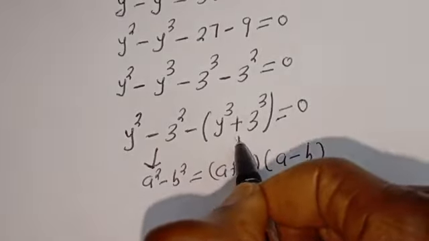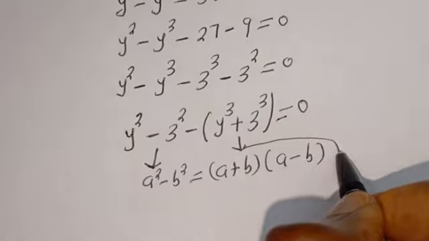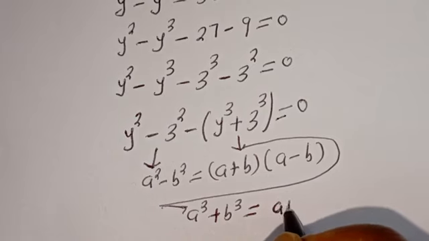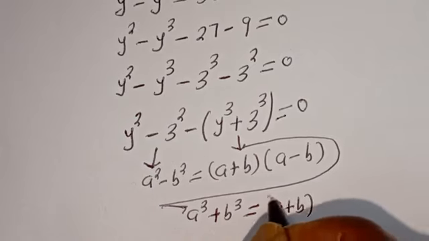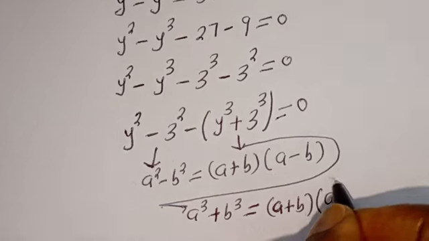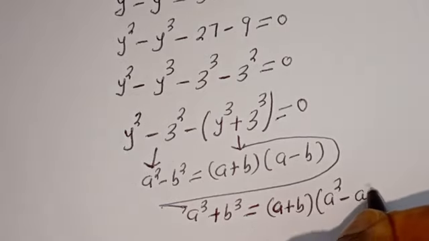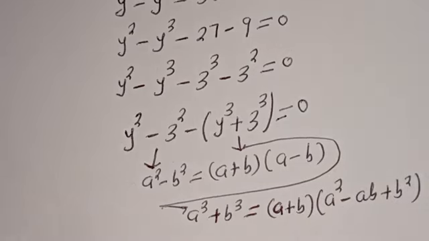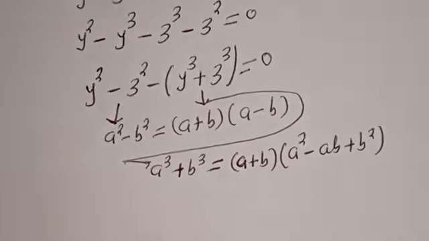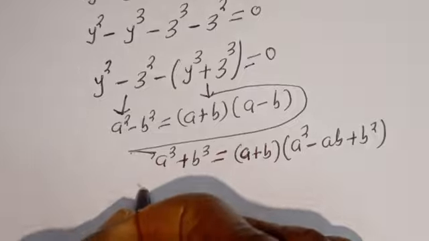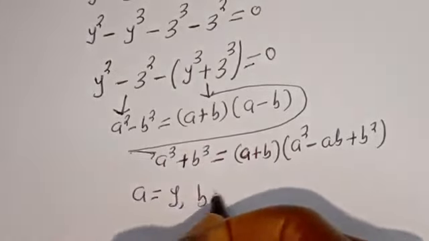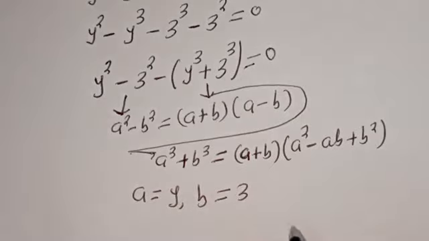And a to the power of 3 plus b to the power of 3 is equal to a plus b bracket a squared minus ab plus b squared, where a is equal to y and b is equal to 3.